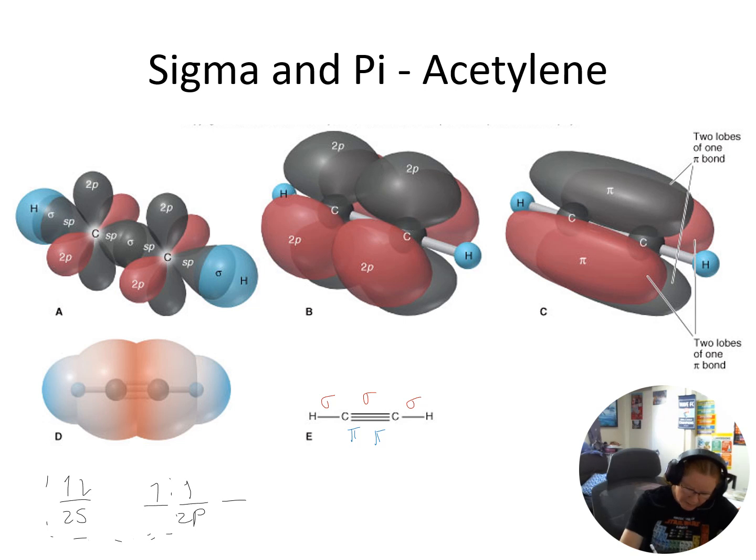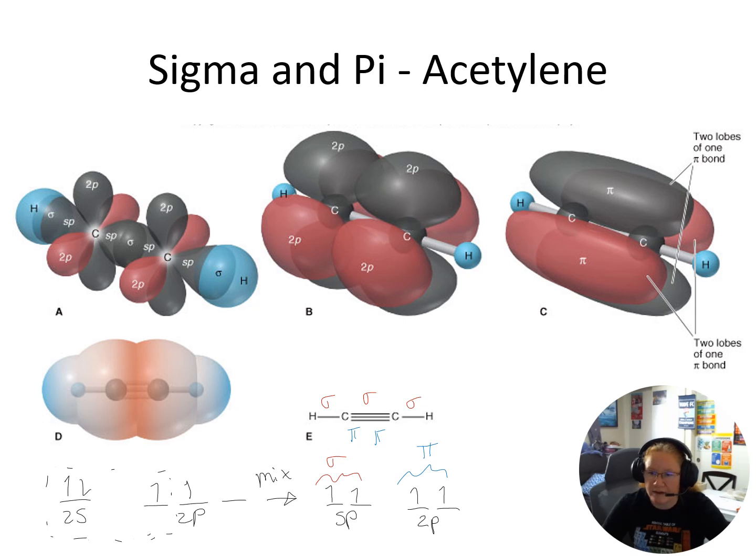So I'll pull these, we'll mix, and I have 2 sp orbitals and 2 unhybridized 2p orbitals. So 1, 2, 3, 4 electrons. And so this is where we get our sigma. And now I have the ability to do 2 pi bonds, which corresponds with my triple bond. Because remember, a triple bond is 1 sigma bond and then 2 pi bonds.